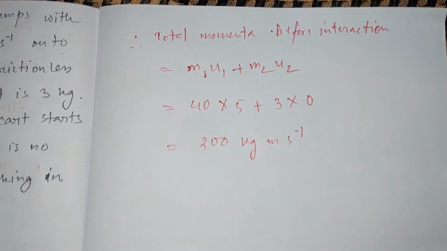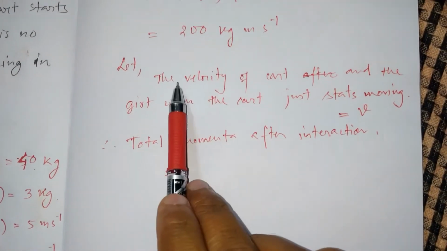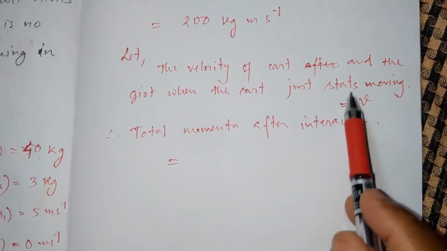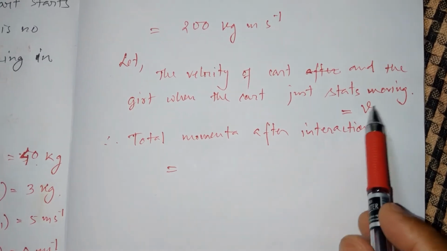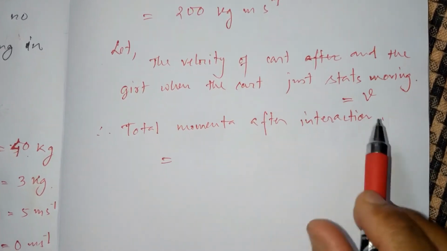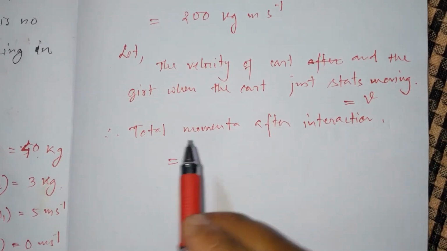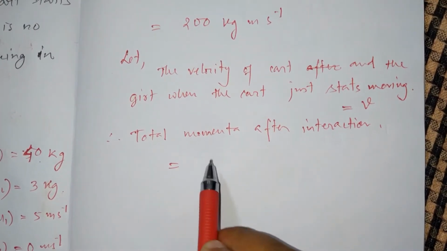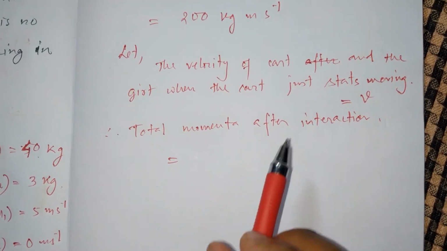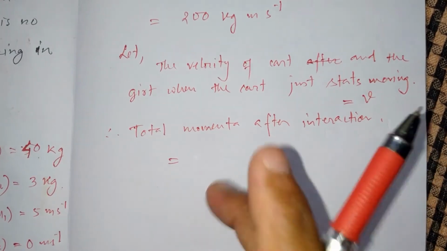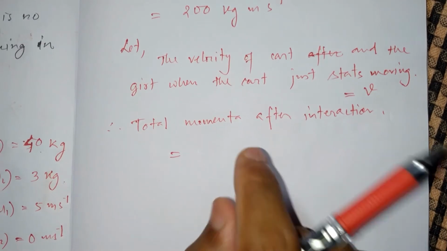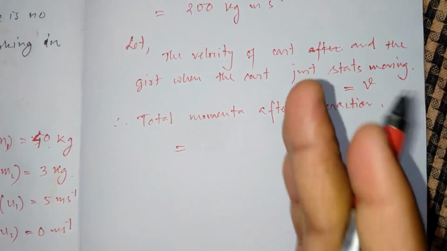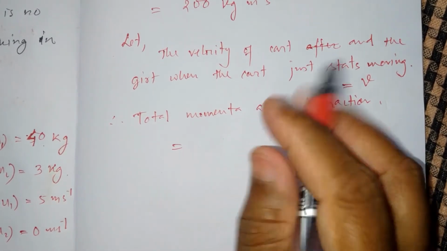Students, consider the velocity of the cart and the girl when the cart just starts moving to be v, which we need to find out. Then the total momentum after interaction will be as follows. When the girl jumped on the cart, both of them become a single mass, isn't it? Because the girl is on the cart, the total mass will be the addition of the mass of the girl and the mass of the cart.